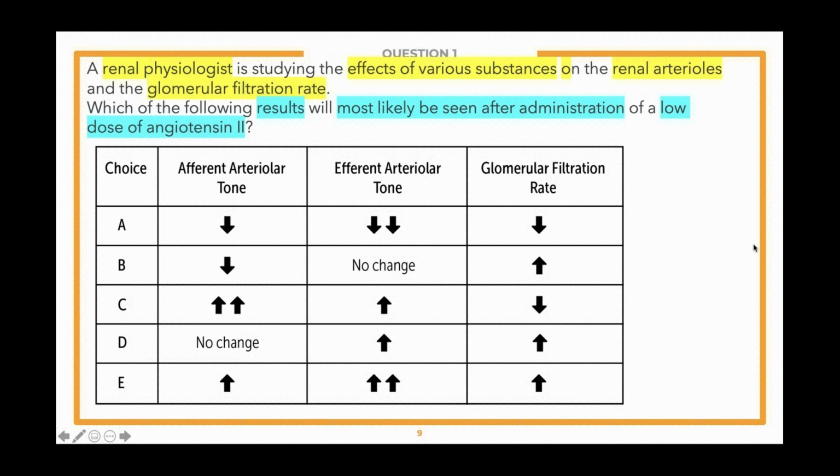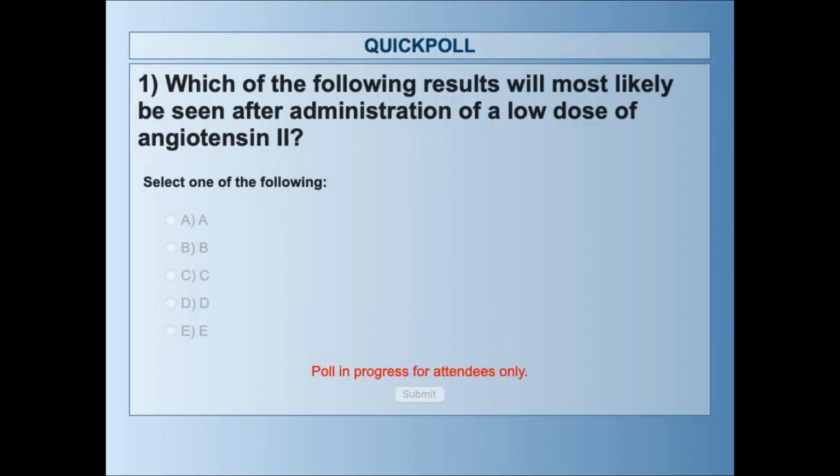Great, I see responses coming in. We'll give all of you a few moments here. All right, about half of you have submitted your responses. We'll give all of you a few more moments here.